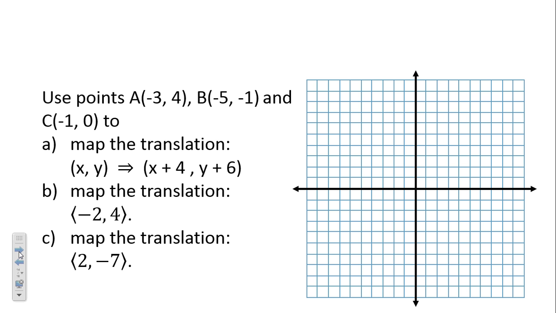Then take B, the original B, and move it 2 to the left and 4 up. Call it B double prime. And then move C 2 to the left and 4 up. Call it C double prime.